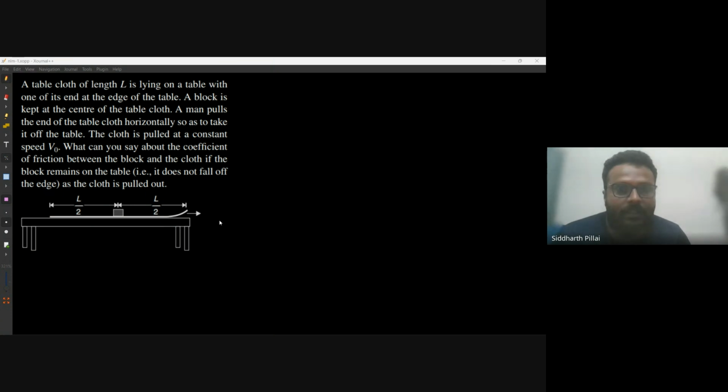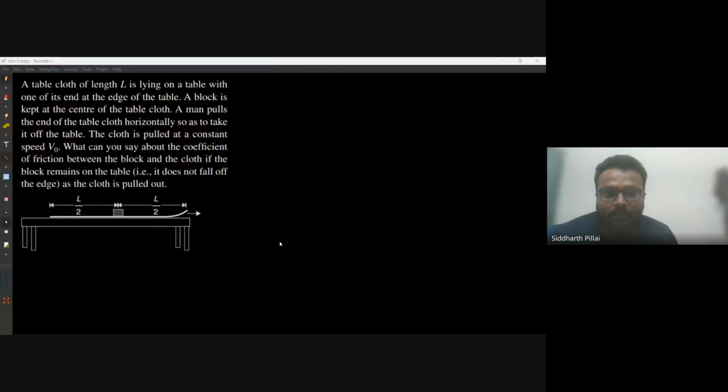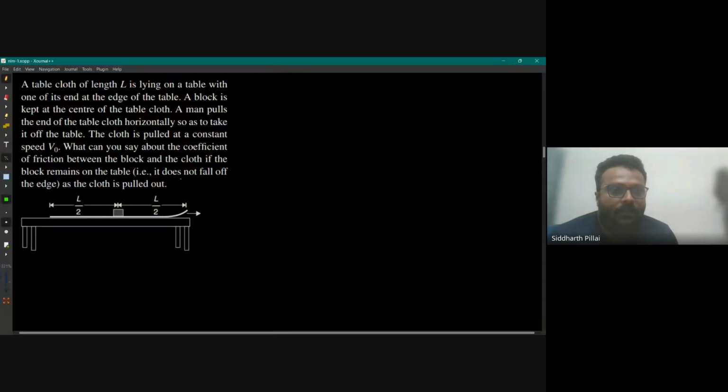Okay, let's see. Cloth is lying on the table and we need to find what should be the mu value, the coefficient of friction between the block and the cloth, if the block remains on the table after pulling the cloth out, right?